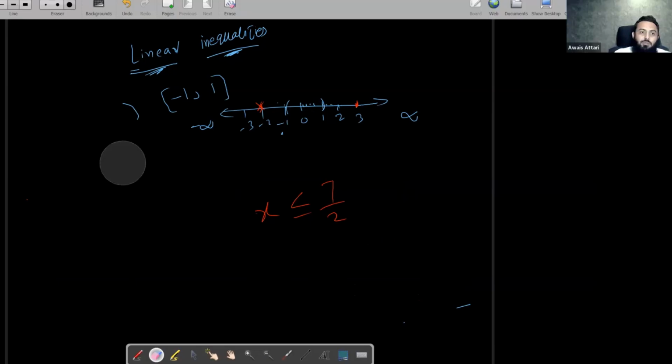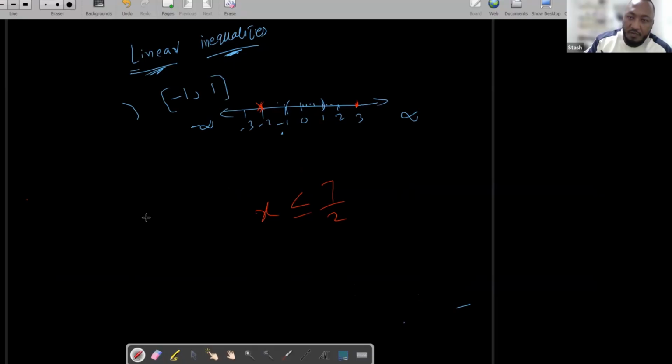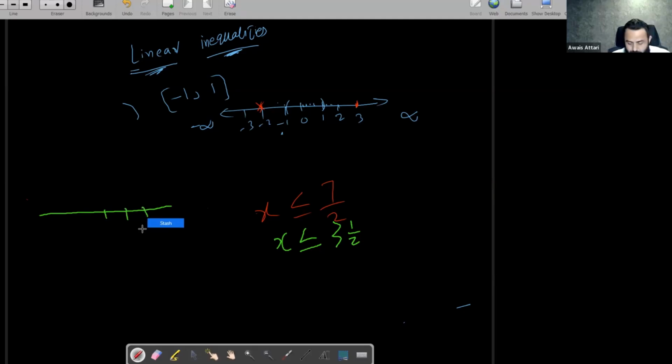Where is 7/2 on the number line? Okay, so to simplify it a bit more, just say 2, 3 and 6.